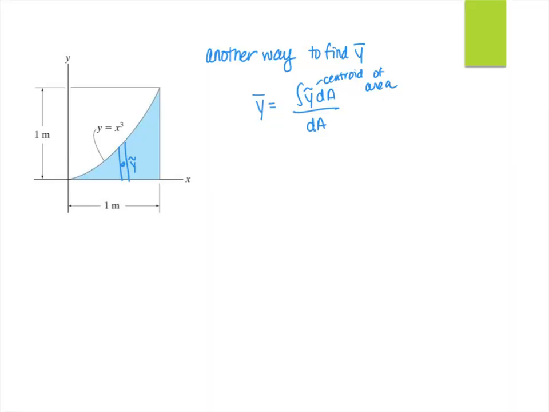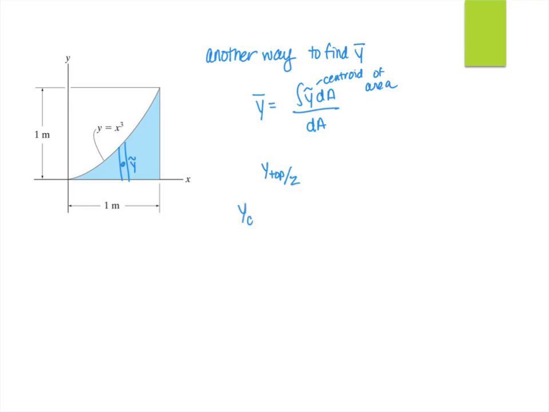This time, instead of requiring that the area dA all have the same y coordinate, which we're multiplying by in the numerator, we're saying that that y tilde is the centroid of the vertical strip, which in this case would be y top divided by 2, but sometimes the area might be bounded by a top and bottom curve. And so let's look at a good expression we can always use for the centroid of this vertical strip.